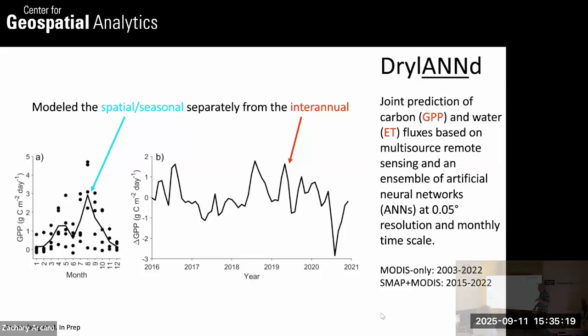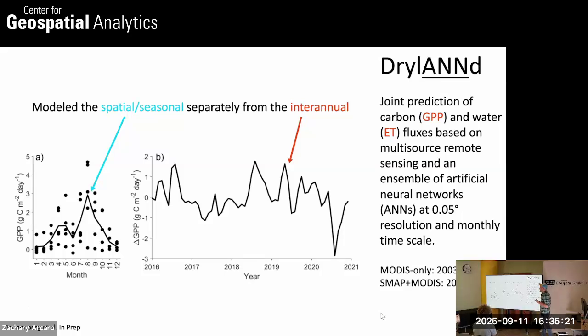For every single flux tower, we calculated the mean seasonality of our GPP and ET, and the deviations from that mean seasonality. We built models that predicted the seasonality and the spatial variation separately from the ones that predicted the interannual, and then summed them back up at the end to give an estimate of the actual GPP and ET in any given month.